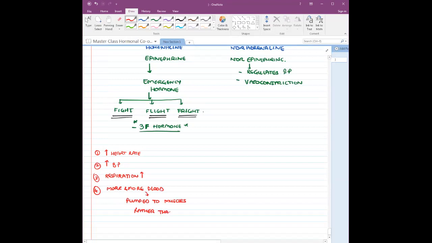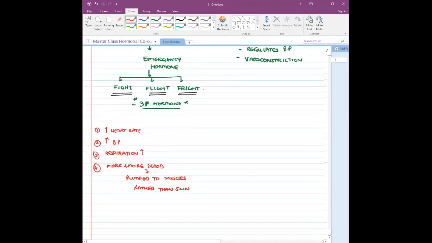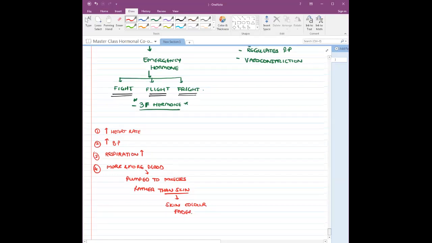But because it has not provided any blood to your skin, immediately the skin color fades. Suddenly there is a change of 2-3 shades in your color.